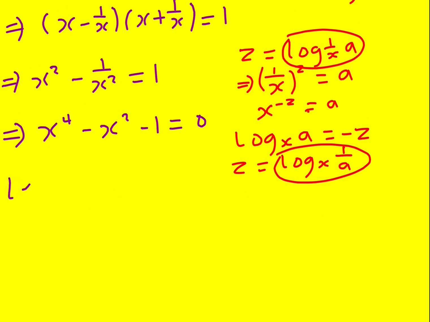Okay, that's actually not going to factorize, so let z equal x squared, then I've got z squared minus z minus 1 is equal to 0.